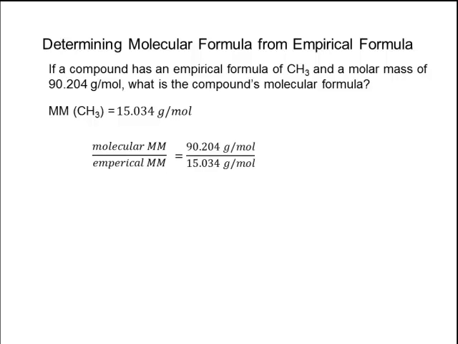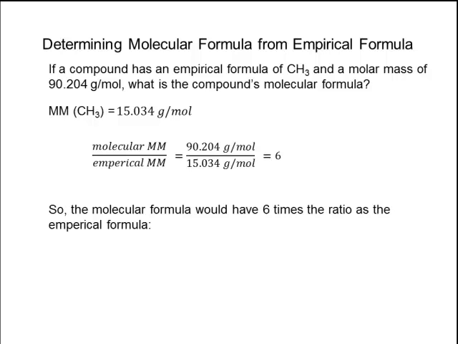So the 90.204 grams per mole divided by the 15.034 grams per mole gives us a ratio of 6. What does that mean? Well, if I take the molar mass of CH3 and multiply it by 6, I get the molar mass of my molecular formula. Which means if I take my empirical formula and multiply by 6, I get C6H18. Well, C6H18 has a molar mass of 90.204 grams per mole.